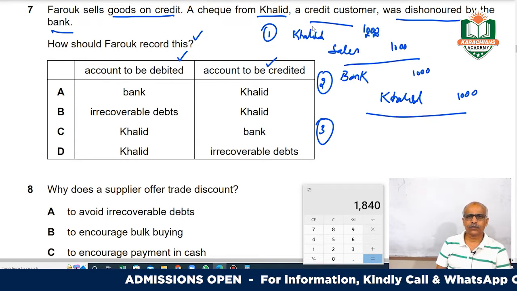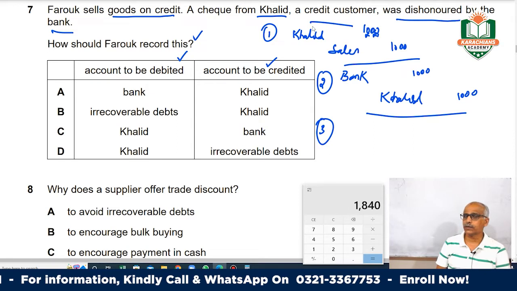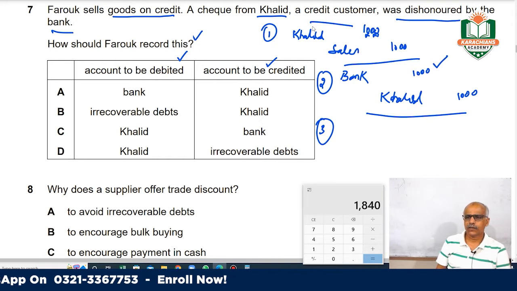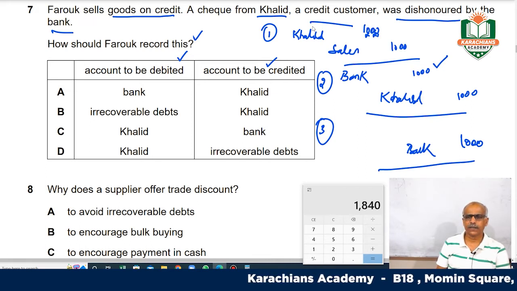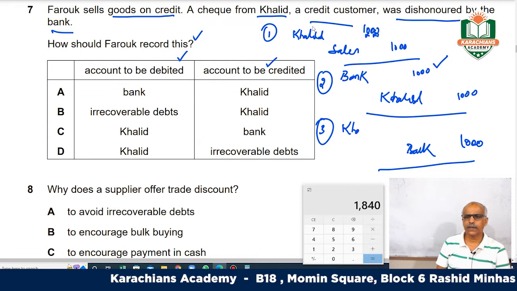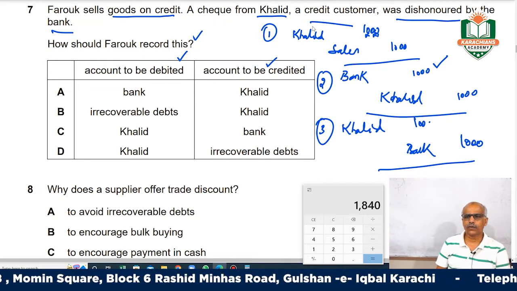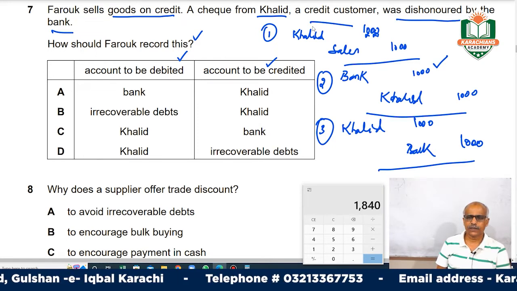Now that the check is dishonored, your bank balance has not actually increased, so you wrongly increased it. So you will credit your bank again by 1000, because this was wrongly debited, and again you will debit Khalid, because you still have to receive 1000 from Khalid.